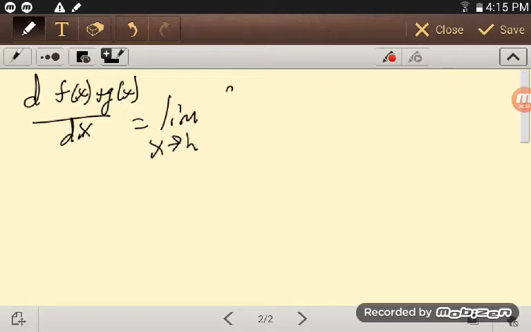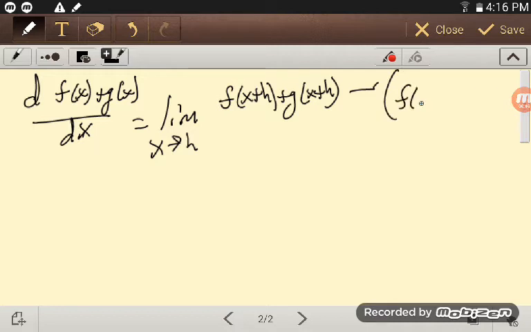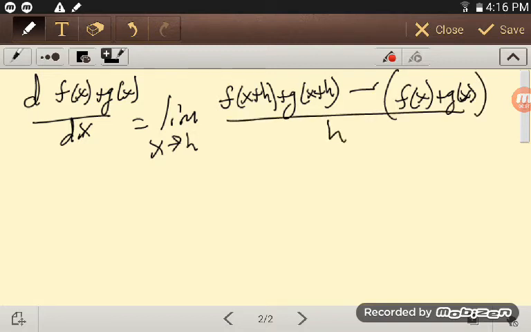So that would be f of x plus h plus g of x plus h. Then minus this whole thing, f of x plus g of x, and then divided by h.